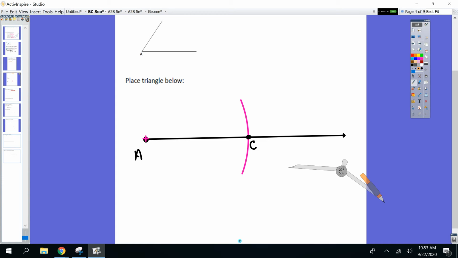Okay, we all good? Now we're going to copy angle A onto the ray. I'll go a little slower through this because I know this was on the EdPuzzle video and I don't know how much you remember. Everybody go up to angle A and put your compass point on the vertex of it.